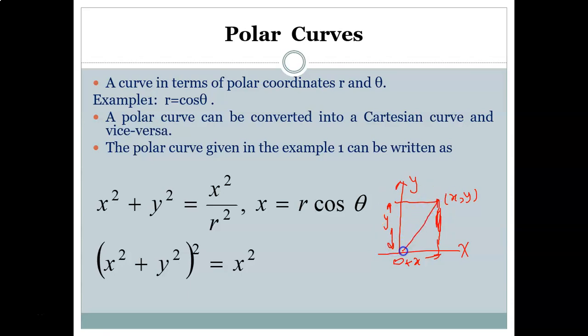Now if I join this, and let this angle be theta, and let this distance be r, and I say this point is P. The coordinates of this point P can also be given in this way, r, theta. So here r is called the radius vector and theta is called the vectorial angle.